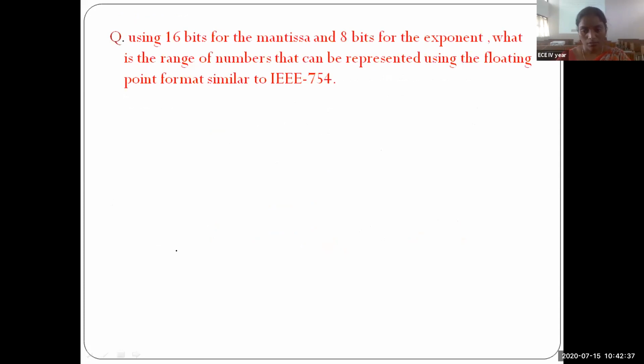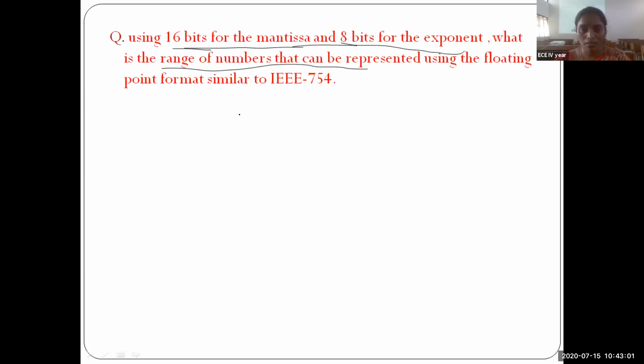Okay. This is a question on how to calculate the range of numbers. There are a total of 16 bits. 8 bits are for mantissa. Sorry, 16 bits are mantissa and 8 bits for exponent. And what is the range of numbers? All of you note down this one, and next class you need to answer this question.